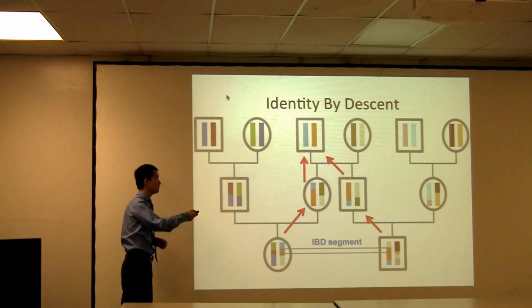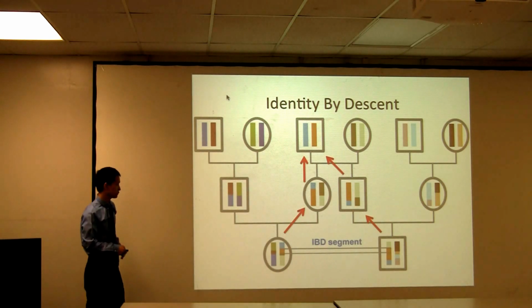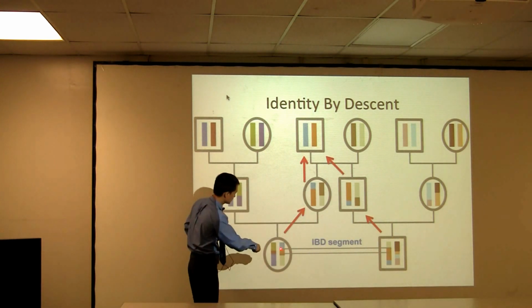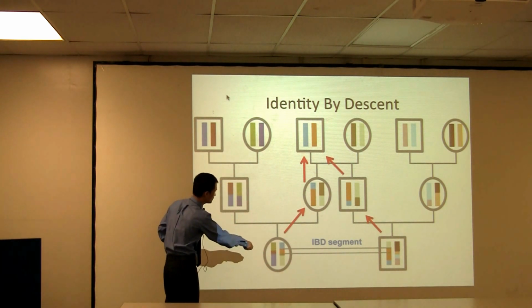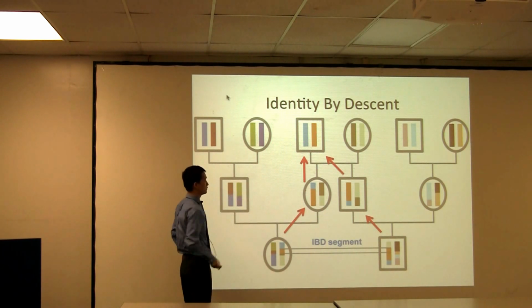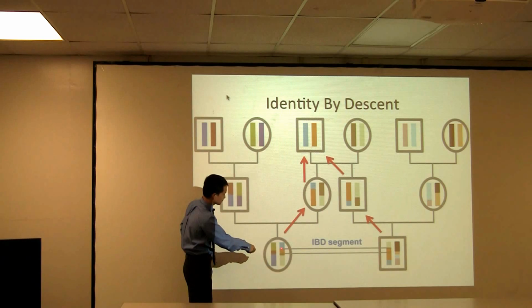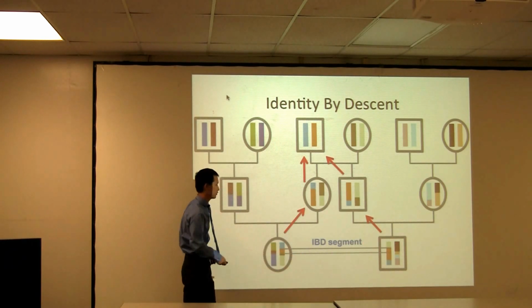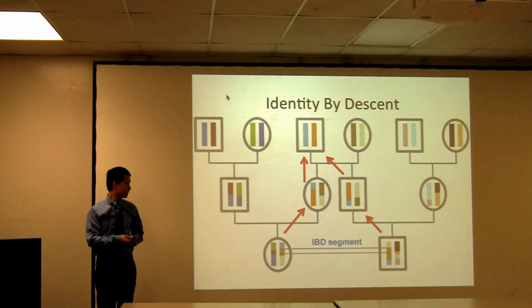In this pedigree graph, let's look at these 2 individuals in the last generation, and we are interested in this brown region. We can see that the brown region is inherited from the same person here. So these 2 individuals share IBD status in this brown region, and this brown region is an IBD segment.